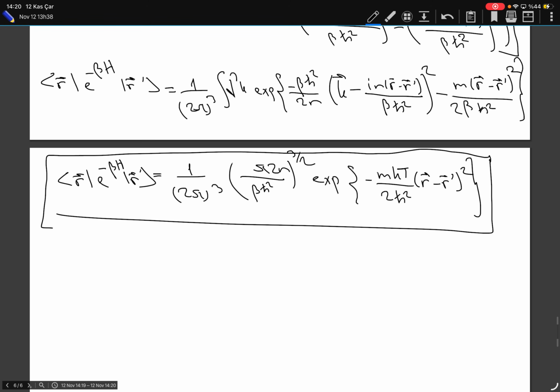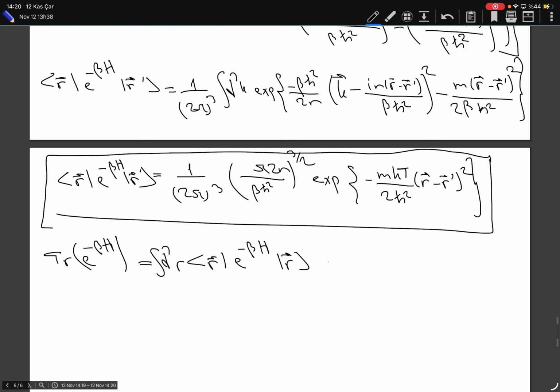I need to evaluate the trace to obtain the density matrix. So the trace of e to the power minus beta H, the trace is nothing but the sum of the diagonal elements in whatever basis you are using. Well, the diagonal element is <r| e to the power minus beta H |r>. I need to sum over all r, times d cubed r.